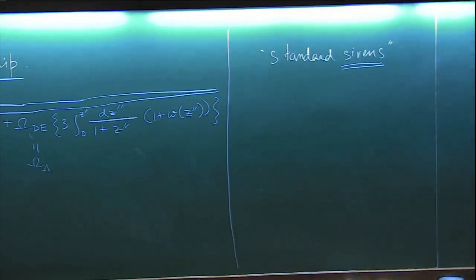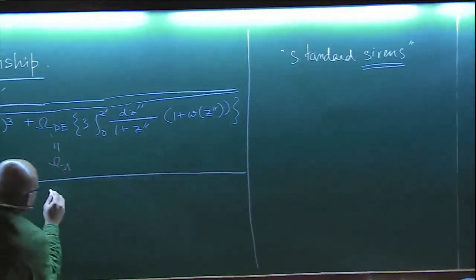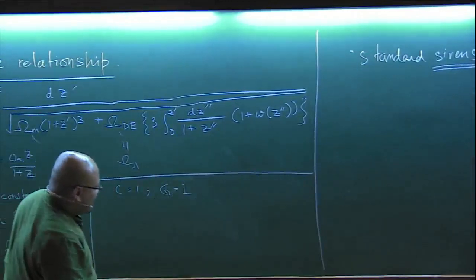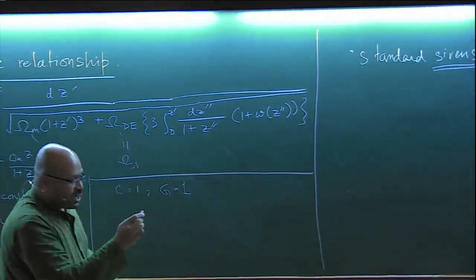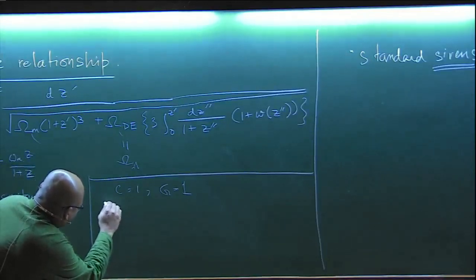You can see the scaling if you think about things in the c equal to 1, G equal to 1 units, which I mentioned in the last lecture but didn't quite work things out.